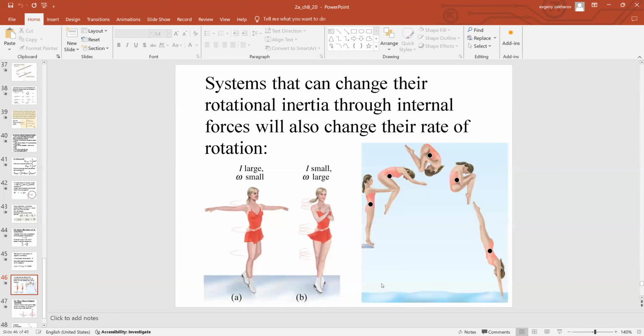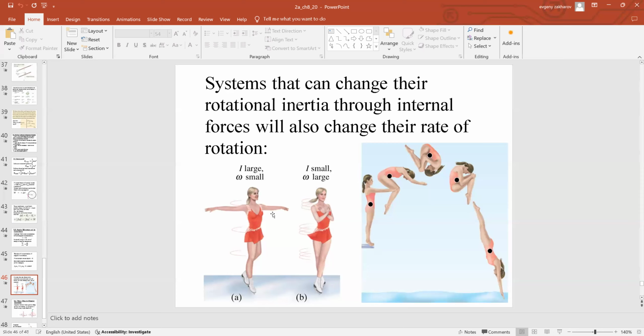Let's take a look at some applications. If you are familiar with figure skaters, they rotate with respect to the vertical axis that their body represents. If they stretch their arms outward, that means the distribution of mass is quite significant, a lot of mass is outward, away from the axis of rotation.